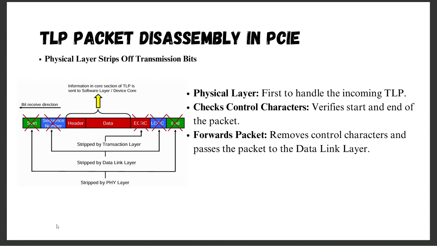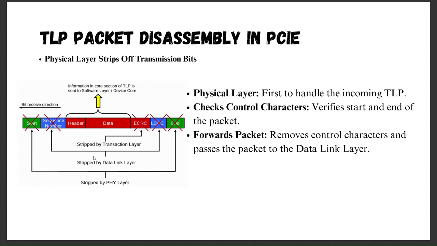So let us understand how the data link layer processes this. The data link layer is responsible for ensuring packets arrive without errors. It does this checking using two methods. The first is LCRC, the link cyclic redundancy check. This checks for transmission errors between the neighboring devices, that is, on the PCIe link.